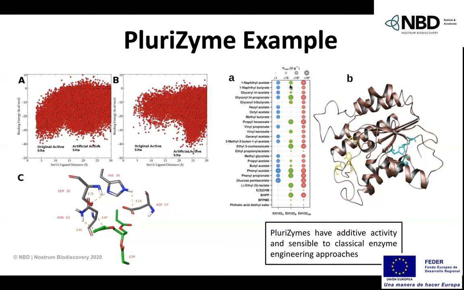When both are working together, we have additivity. We have also expanded the substrate scope of the enzyme, and the artificial active site is as active as the wild type. There is no main difference between the activity of the artificial one and the original one.